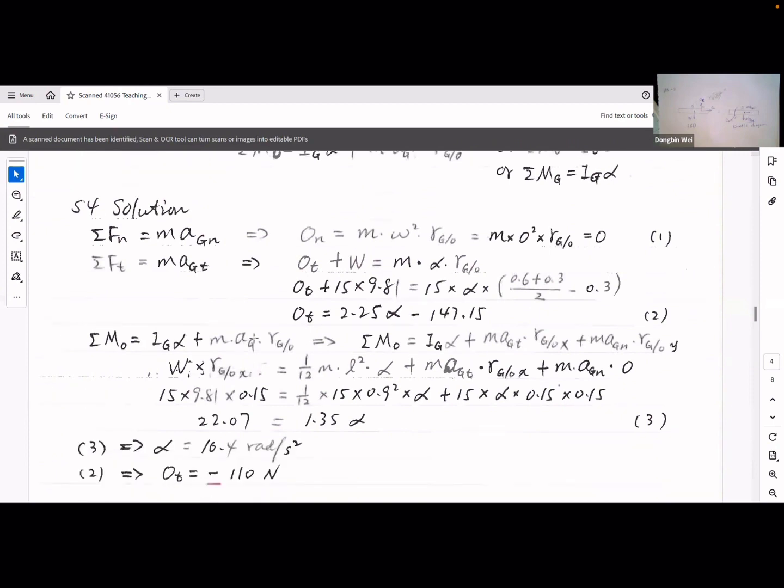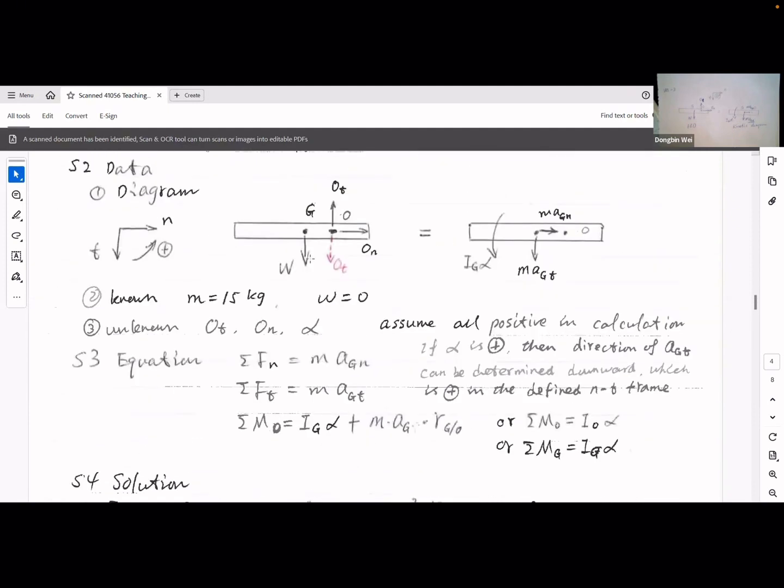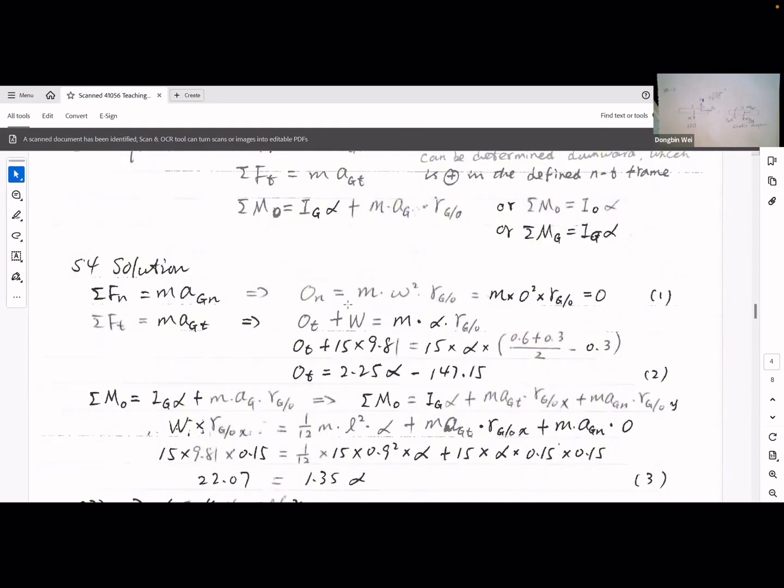And then for the third equation, for the rotational component, for summation of the moment of external forces about point O, you can see in this diagram here, only W should be counted, because the moment arm from W to O is not 0.